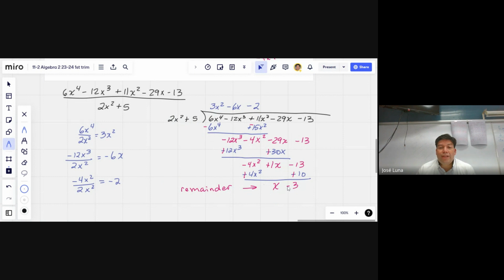And we incorporate the remainder into our answer, into the quotient, like this. We put plus, and we do x minus 3 divided by the divisor, 2x squared plus 5. And that's how you do it. Good luck. Hope this helps.